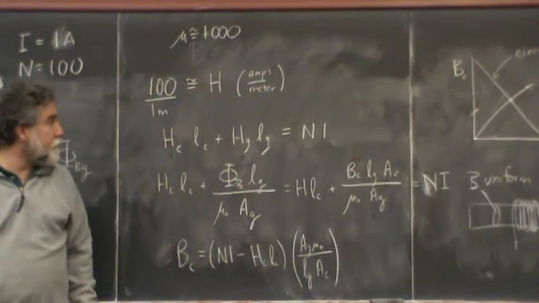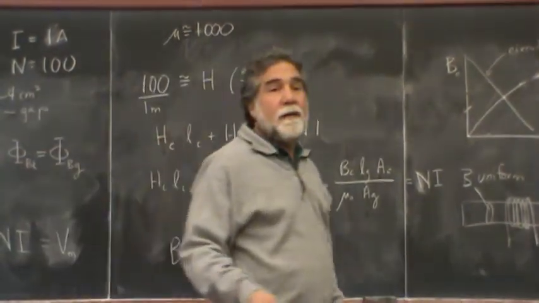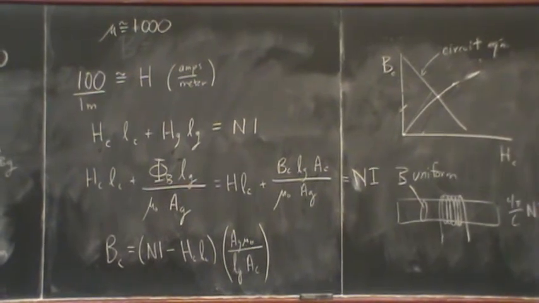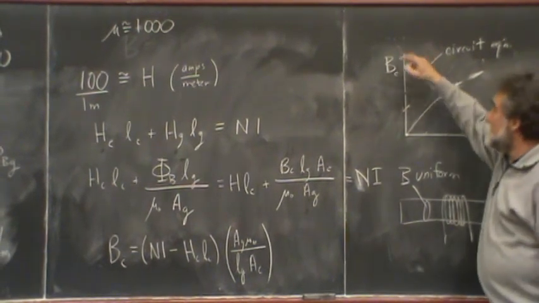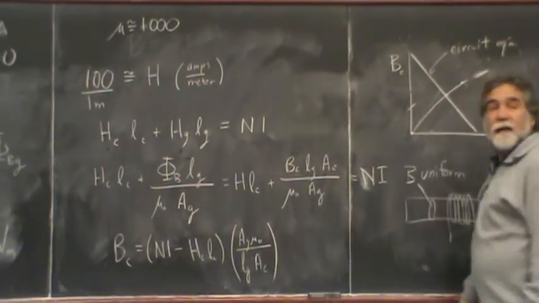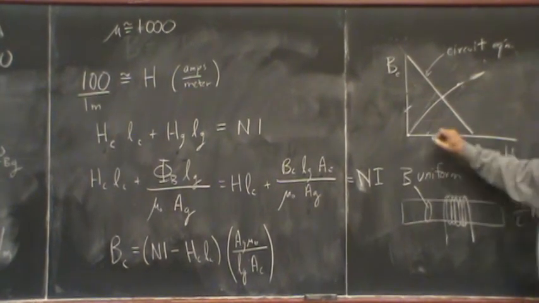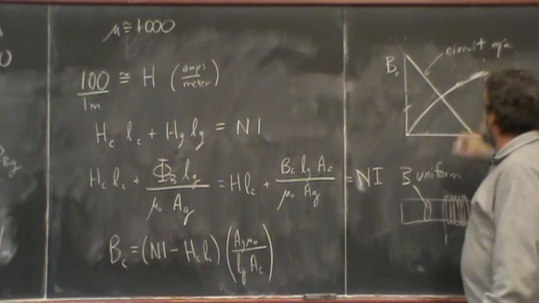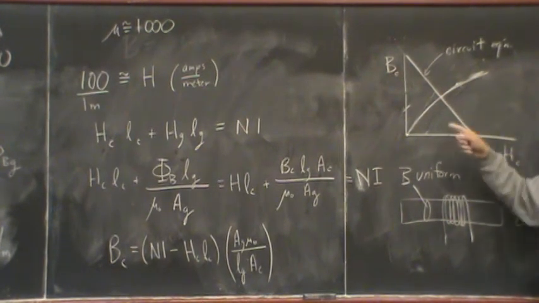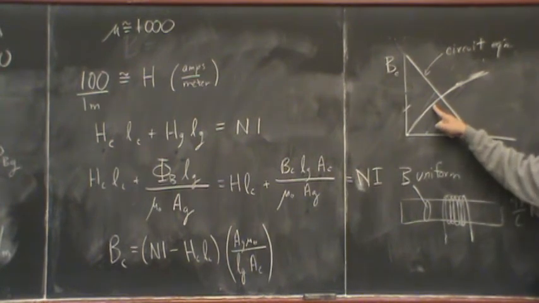All right? Then to find out what the actual magnetization of the material is, we'll look on this curve here. That is the property of the material. And then based upon the property of the material, you see where those two cross one another.